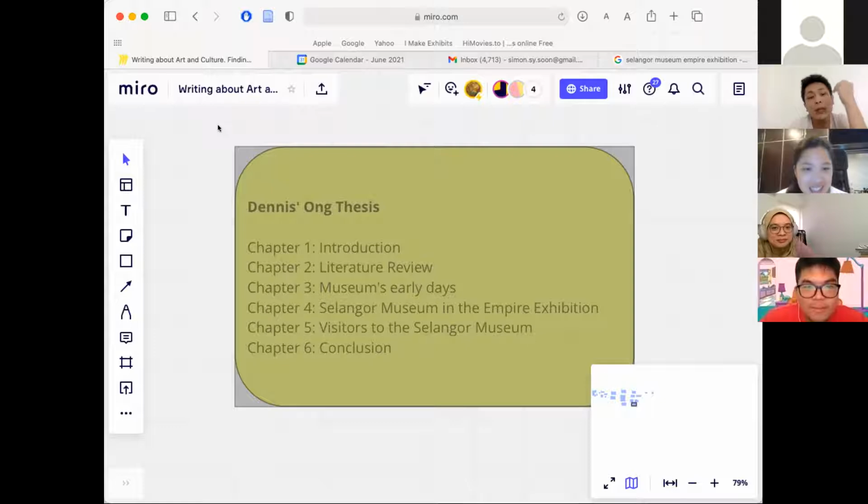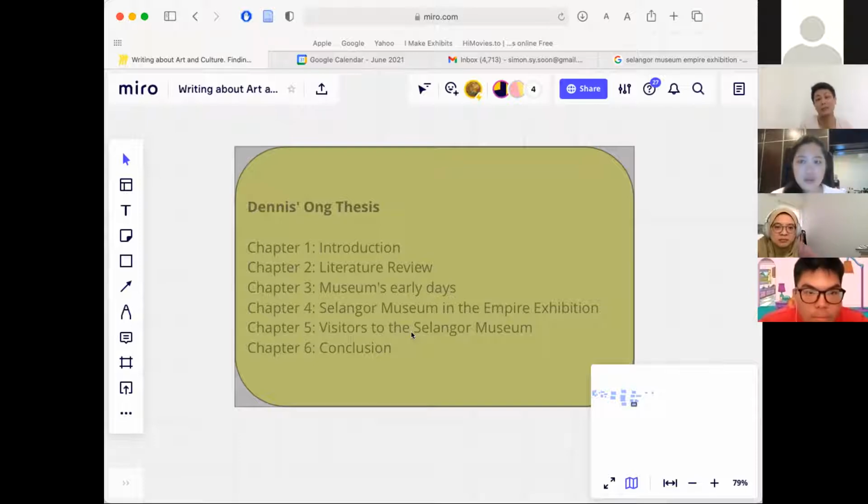Okay. You know how you can do it is not think of it, I mean, for me, what is obvious is maybe you don't think of it as chronological. So from visitorship, you're going to look at visitorship across different strands of time. Then the other one is when you look at Selangor Museum in the Empire exhibition, maybe you don't only have to, as you have suggested, focus on the Empire exhibition.